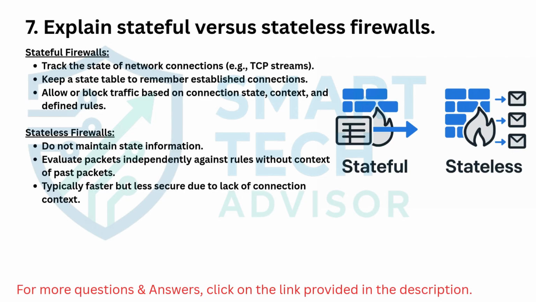Stateless firewalls do not maintain state information. They evaluate packets independently against rules without context of past packets. They are typically faster but less secure due to the lack of connection context.